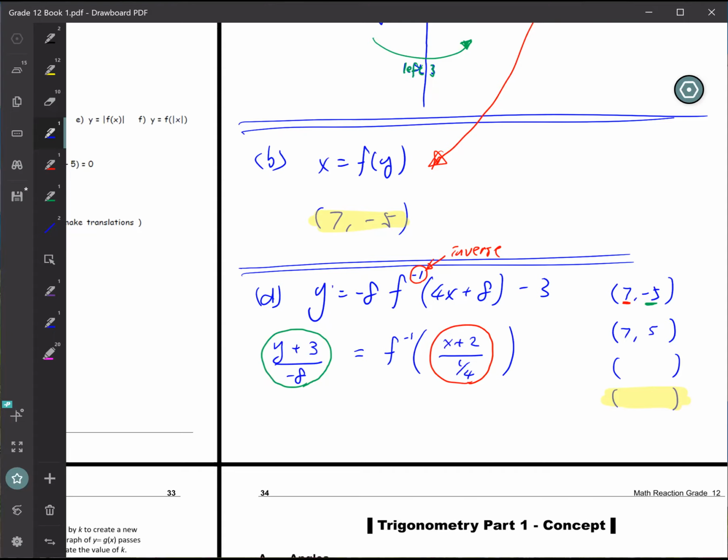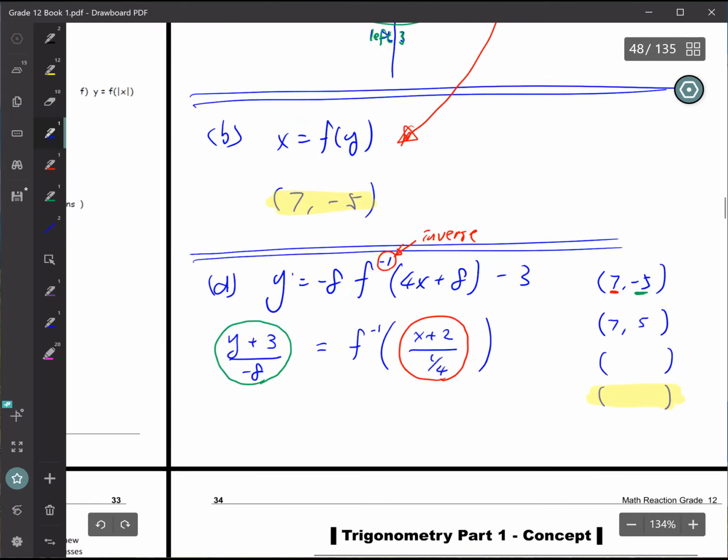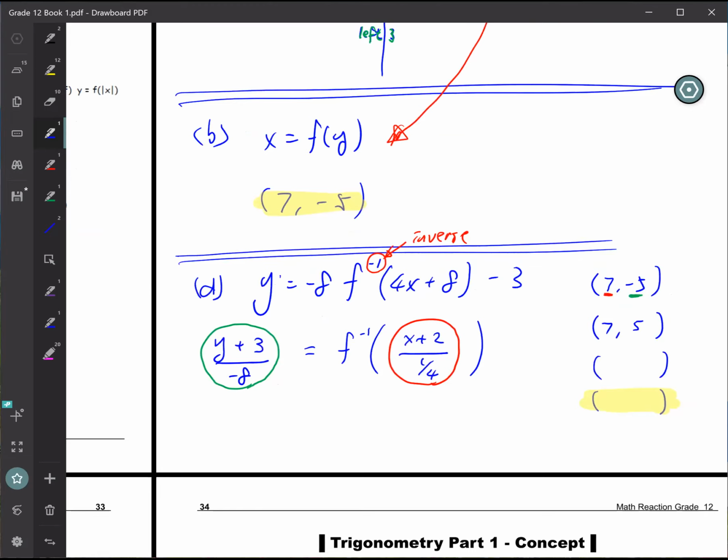And then after that, we need to do the expansion or compression. So Brandon, what happened to the X now? Horizontally compressed by 1/4. Yeah. So what do you do with the 7?